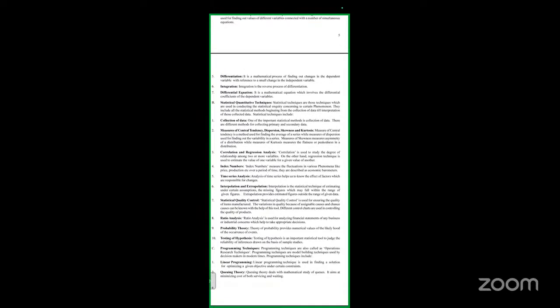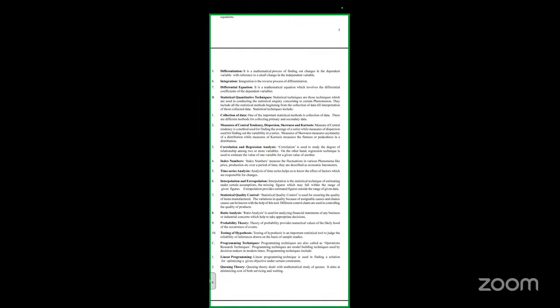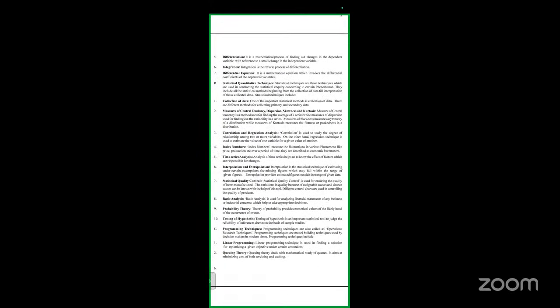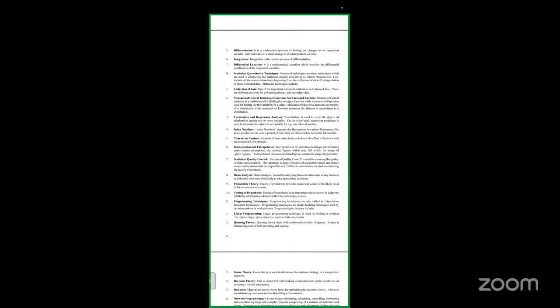So statistical methods include collection of data, measures of central tendency (mean, median, mode), dispersion, skewness and kurtosis, correlation and regression, index numbers, time series analysis, interpolation and extrapolation, statistical quality control, ratio analysis, probability theory, and testing of hypotheses. Not only 10, more than 10 elements come under statistical quantitative techniques.